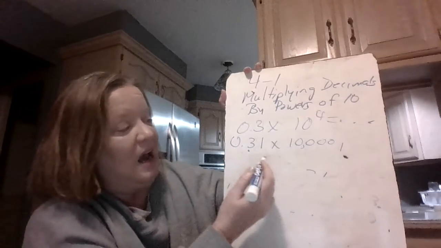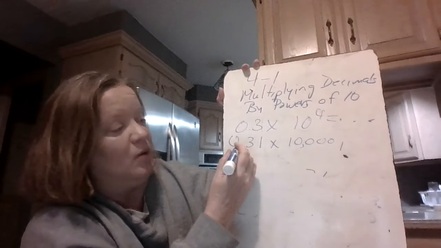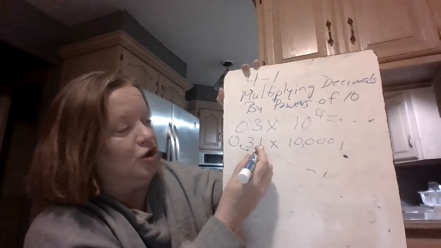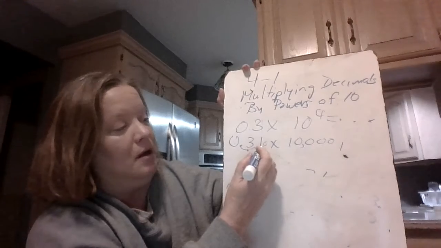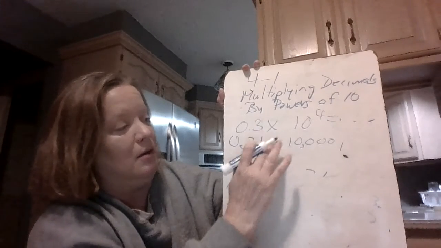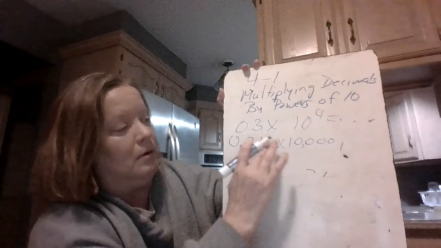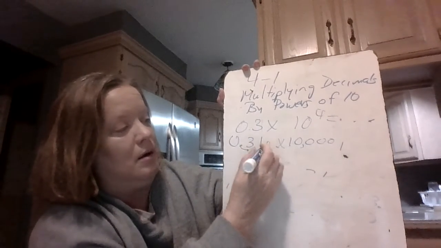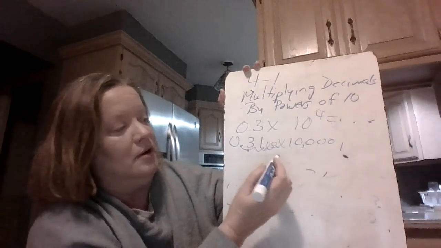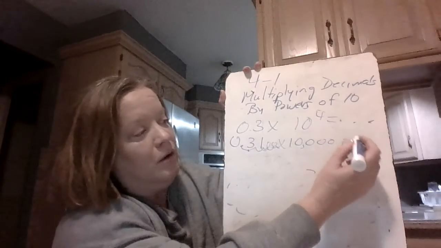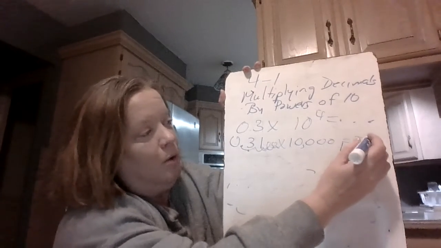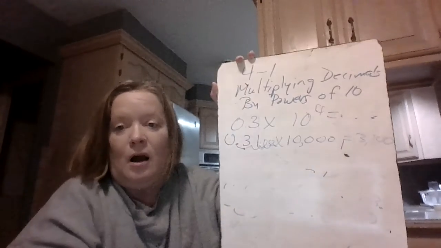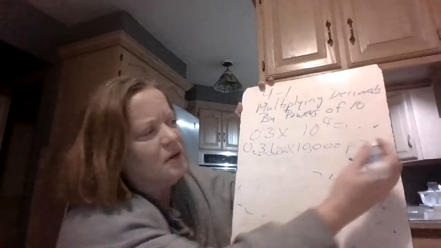So again, I'd have to move it 4 places when I multiply. 1, 2, I ran out of numbers. 3, and I'll move this over. So 3 and 4. So my answer would be 3,100.